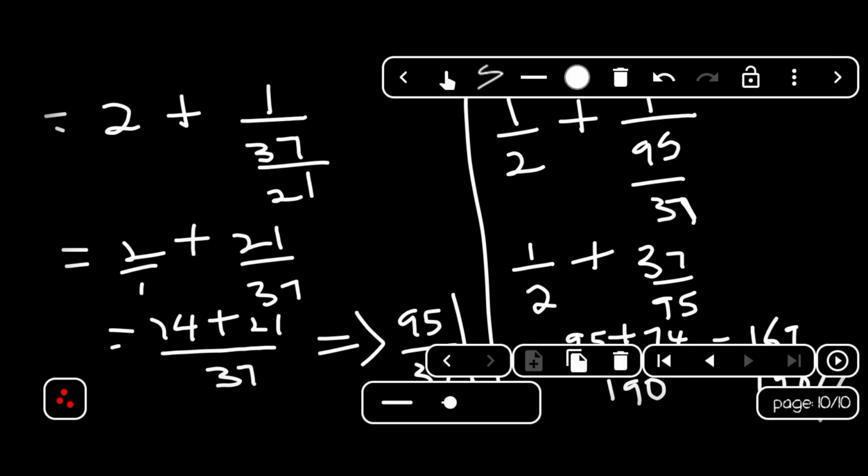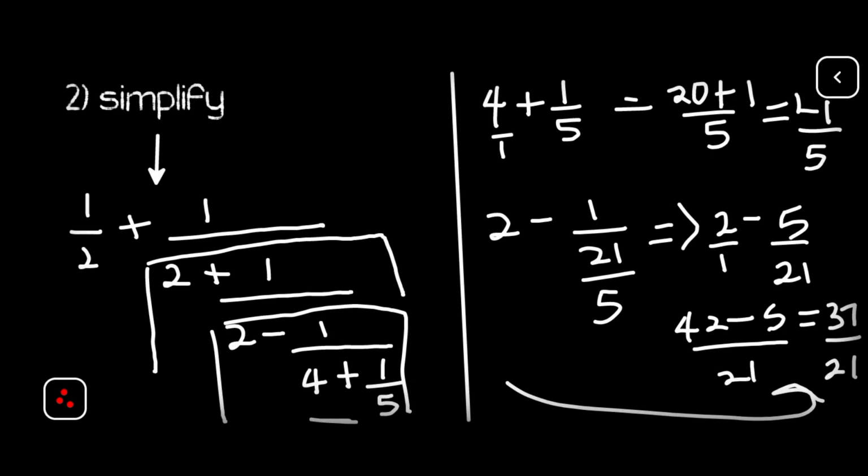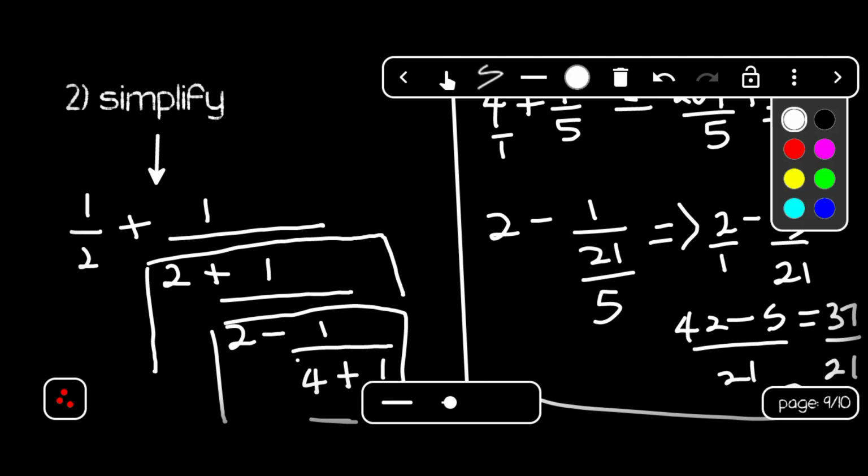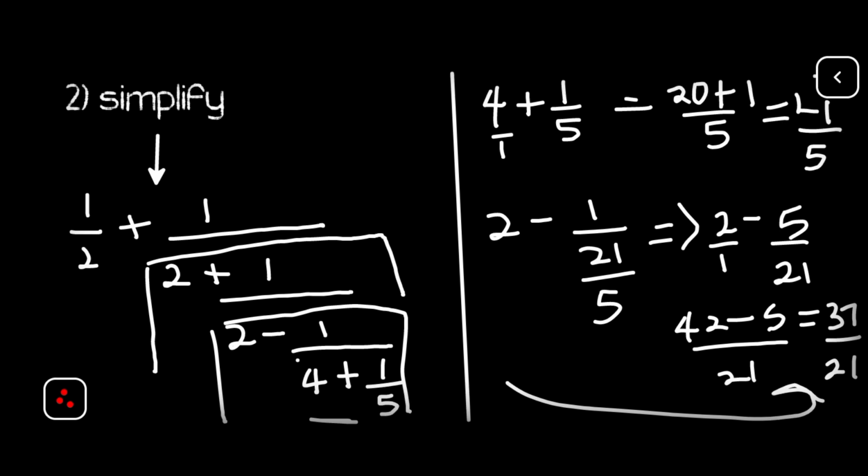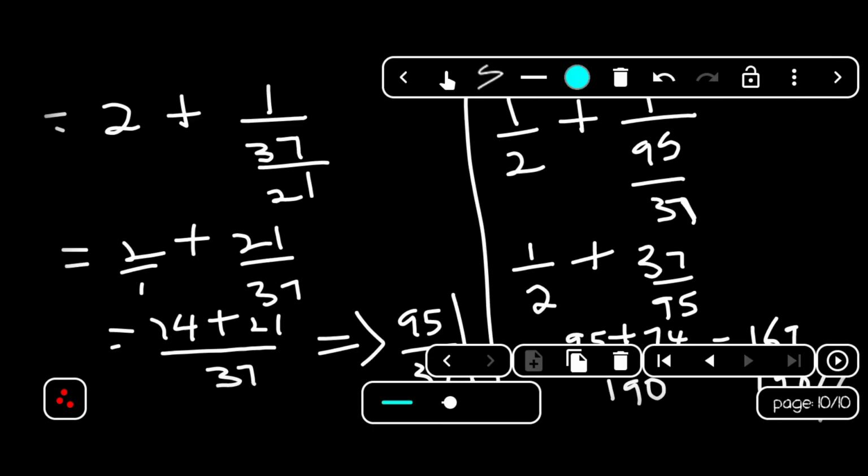So you notice the progression. We started from this bottom. Let me just change this pen here. So we started from this bottom here. We solved it here, and we got this answer. And we brought the 1 all over 2 minus 1 all over what we got as answer. We did it here, and we got this answer. And then we moved on to 2 plus 1 all over what we got as answer here, and we did it here.